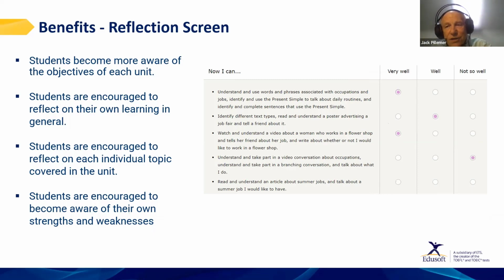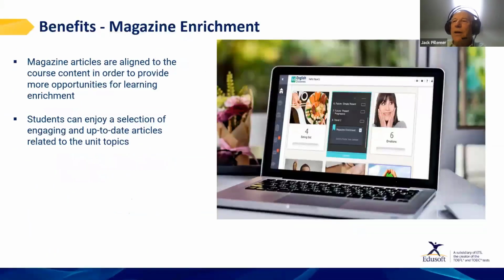Or what have I learned? Reflection is such an important part of learning, being able to think about your own learning, what helps you, what doesn't help you, what goes in, what doesn't. All of that is so important. And this sort of encourages that process. It also helps them break it down into little pieces.